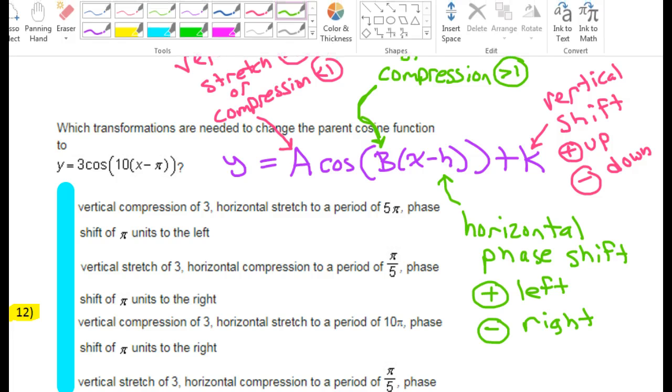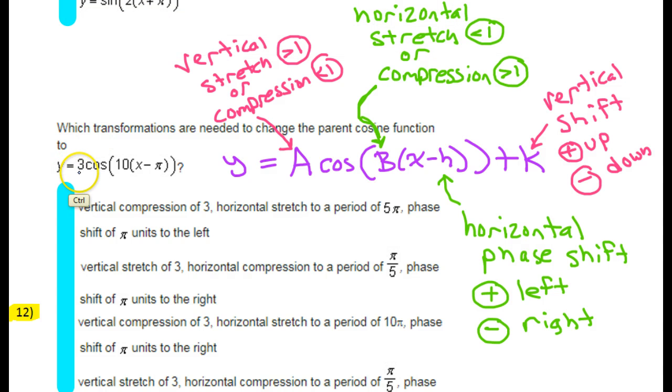So let's take this piece by piece. So this 3 in the front, that's the A value, so that's going to be a vertical stretch. So this 3 right here means vertical stretch. Okay, so this first answer says vertical compression of 3.